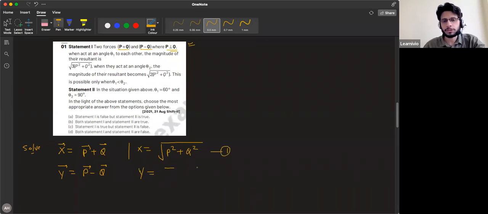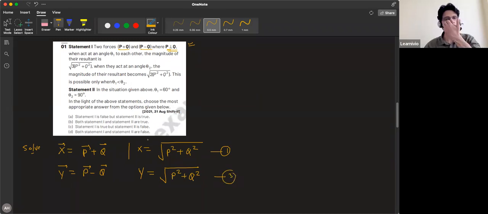Start thinking fast. It's important for the exam. P minus Q. Unib, what's the magnitude of Y? They are perpendicular. Yes, Unib, it will be root over P square plus Q square. That's it. The rest is cos 90, which will be 0.